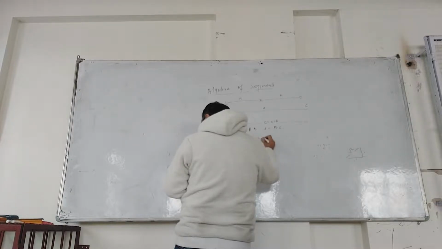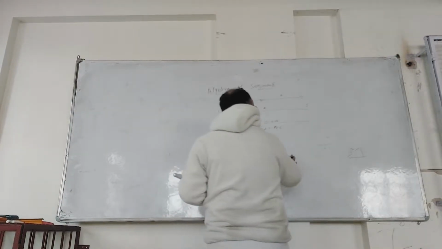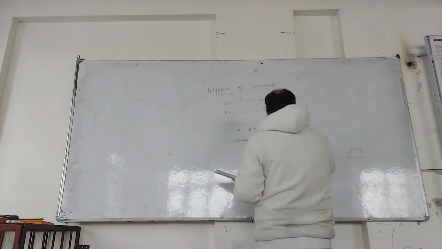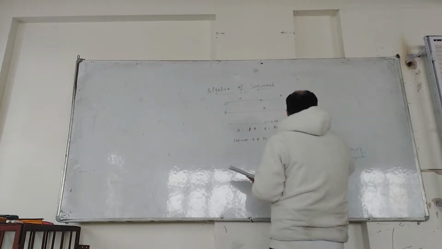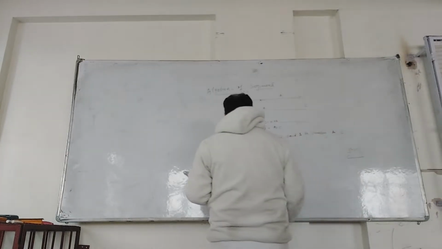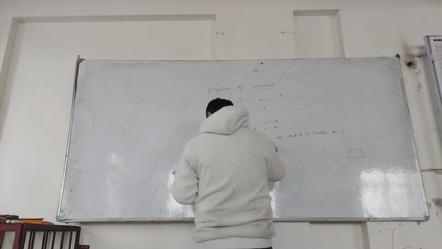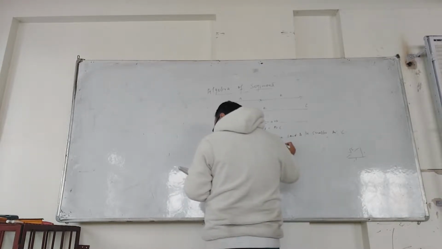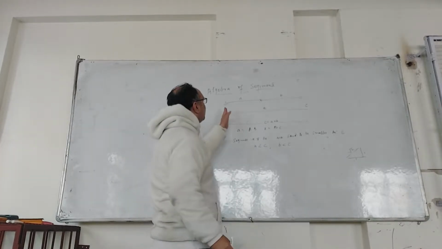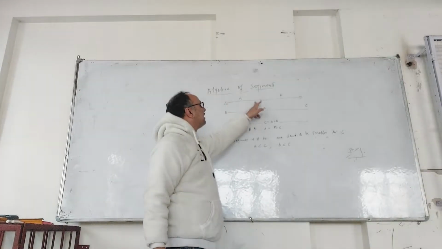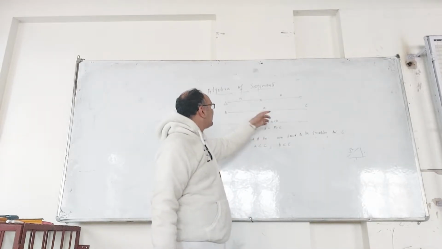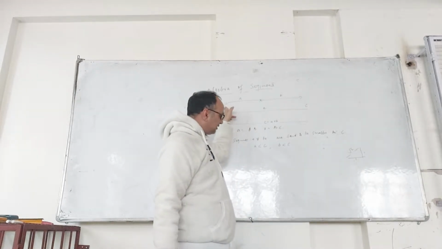A and B are said to be smaller than C. In fact, we are writing A is less than C and B is less than C. So combined, A or B are less than this entire C. Clear?